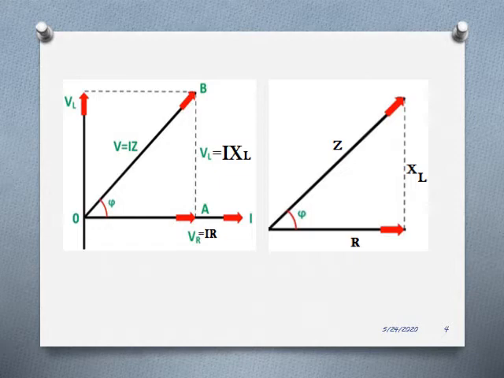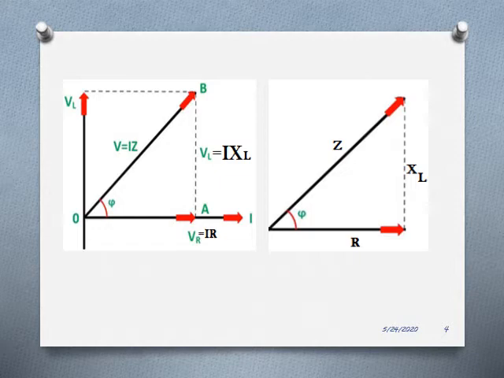Now, let's look at the phasor diagram to clearly understand the behavior. We learned that in a pure resistive network, the voltage and current phasors were in phase. There was no phase difference between them. So VR and the current I, as shown in that first figure, are in phase.